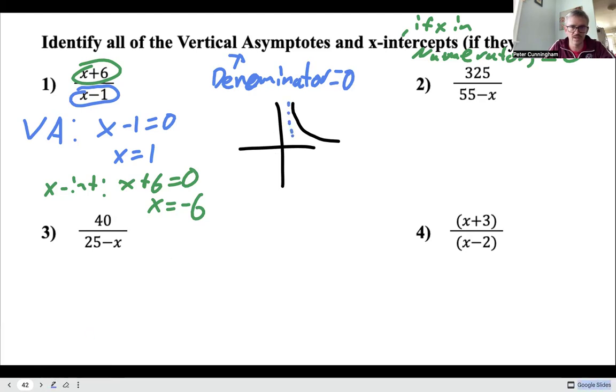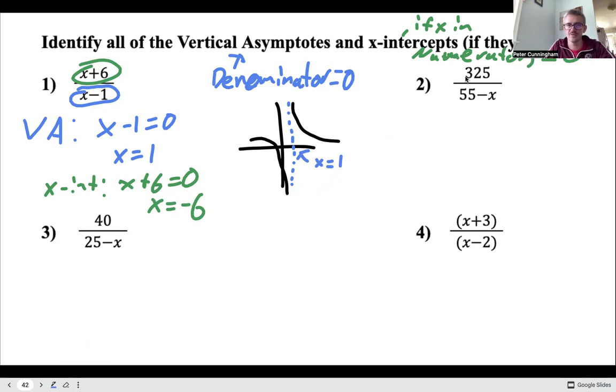It would not touch it. Right? It would come very close on the other end as well. It would almost get there, but it would never touch that line of x equals 1. So when you have x equals, right, it creates a vertical line. So x equals 1 is where that would happen.